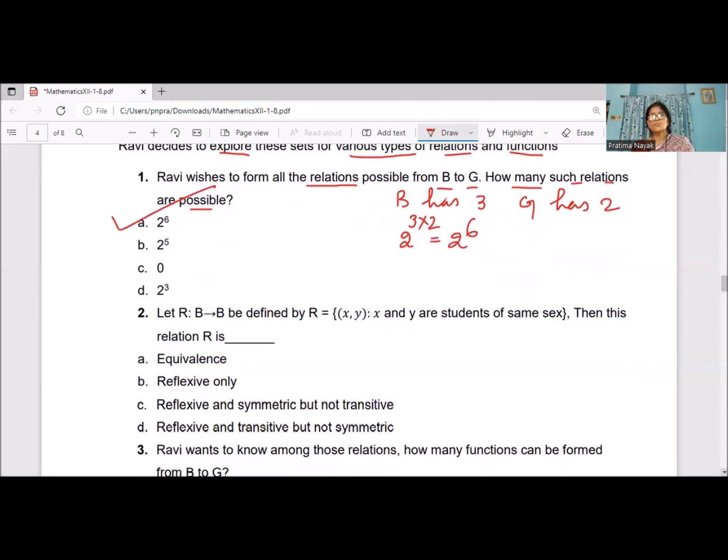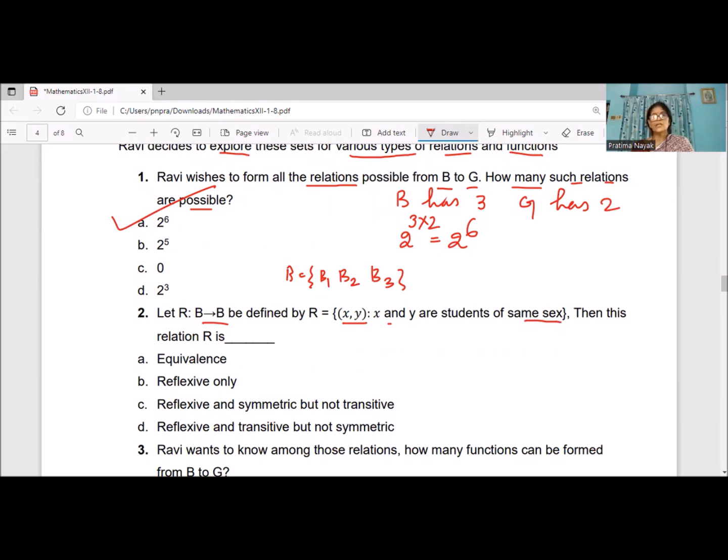Now coming to question number 2. Let R be the relation defined from set B to B. B has how many elements? It was B1, B2, B3. So this relation is from B to B, and the relation is all (x, y) where x and y are students of the same sex. That means all are boys.